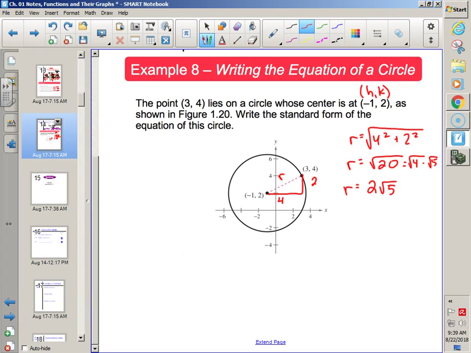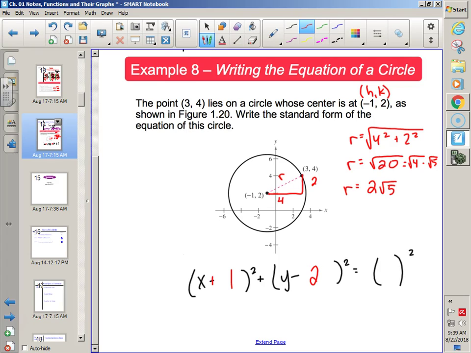So then plugging into your standard form. Who was your h? When you plug in a negative 1 with subtraction, what can you do with that subtraction? Minus a negative will be plus. Good. My k is 2, and my r is 2 root 5.